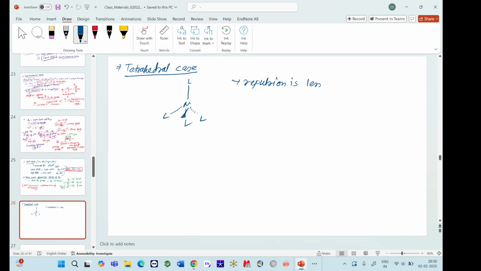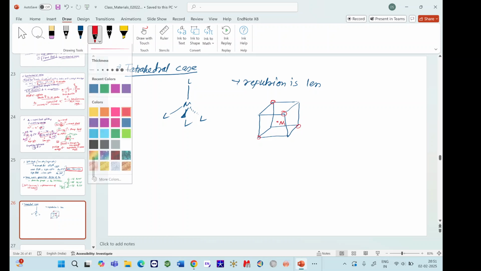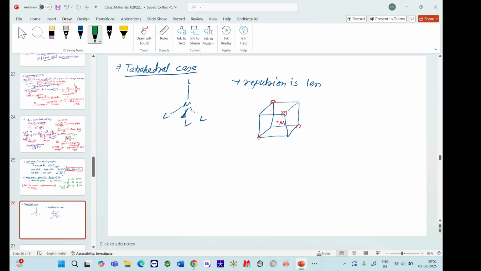And one more thing, how can you construct a tetrahedral? You draw a cube, and then on alternate corners you put one atom, and the center is your metal. Now if you connect all the points, you will get one tetrahedron.